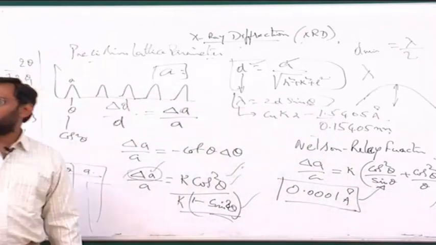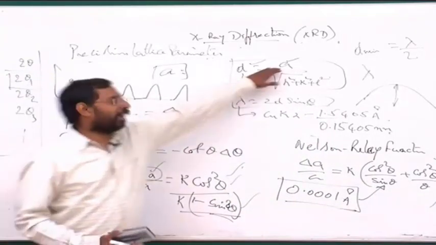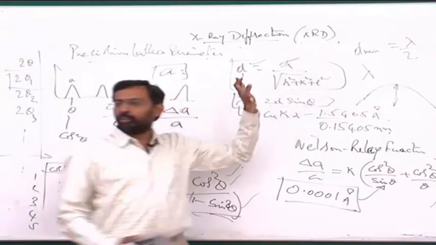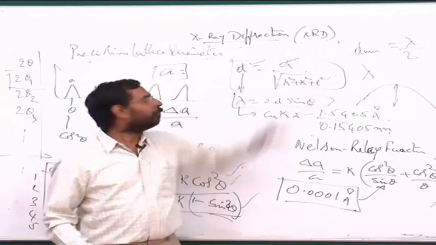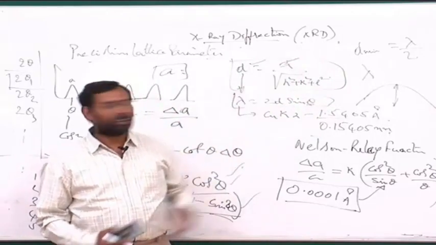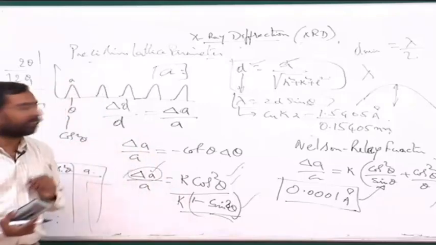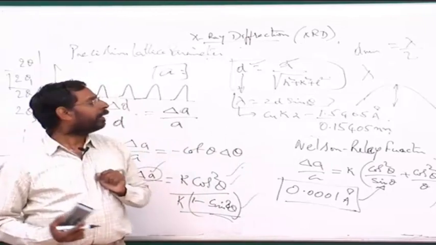Of course, all this can be done provided you know how to calculate the A. For a cube, it is very easy, in cubic systems. For complicated systems, it may be more difficult to find out A. And as a result, people use what is called Rietveld analysis and techniques like that, to find out the A more accurately.